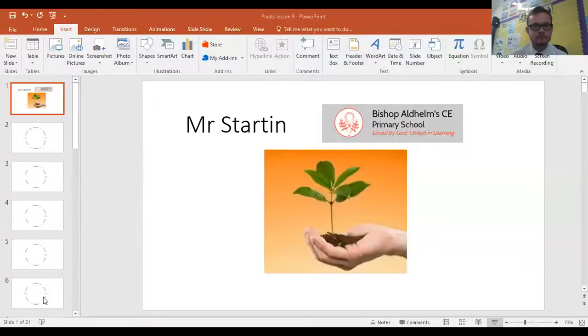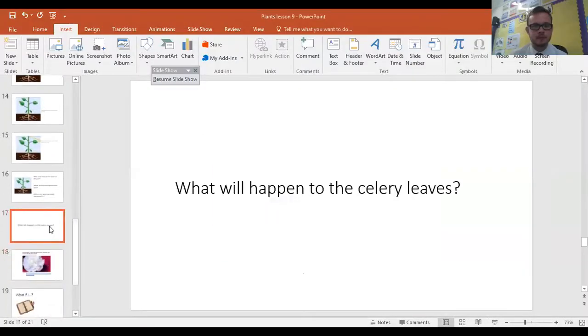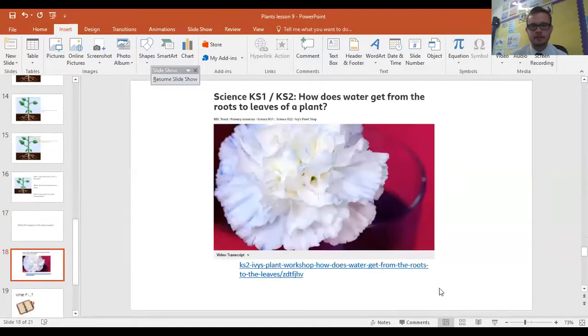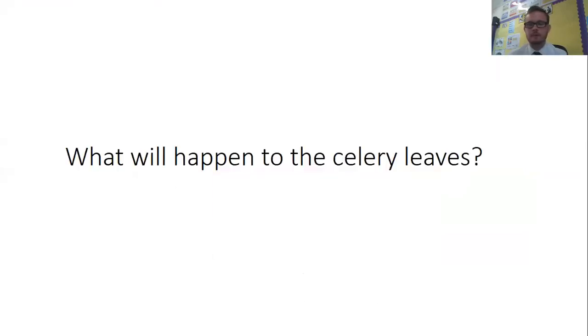Okay, so we're going to have a look at what might happen. And I'm actually going to show you another website for those of you who can't do this yourselves at home with the celery. So just go back into our PowerPoint. And go. Okay.